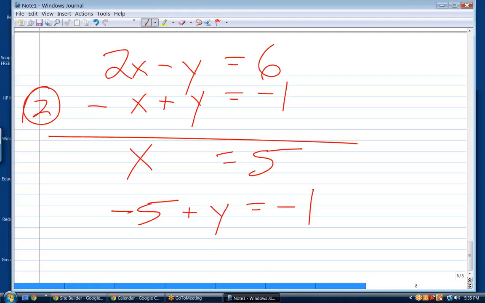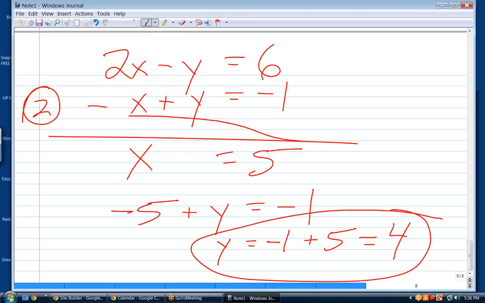Now what's y equal to? It's -1 plus 5. It'd be 4. So there's your two solutions. Y equals 4, x equals 5.